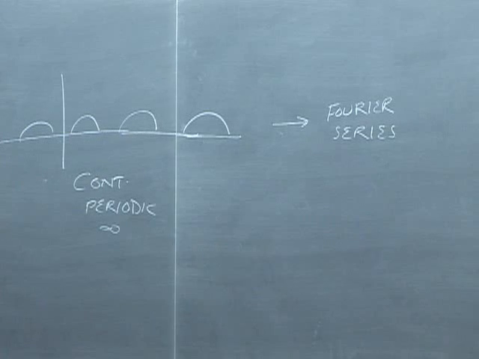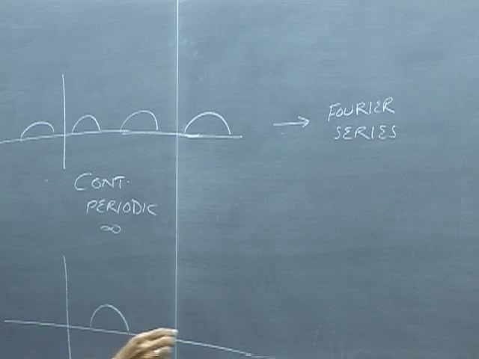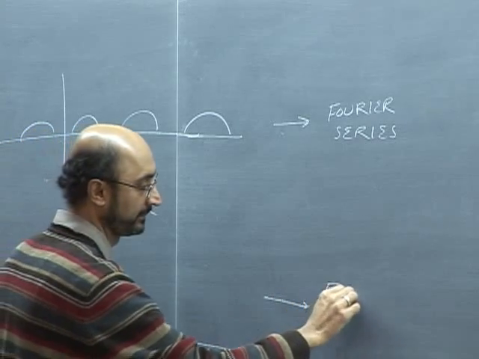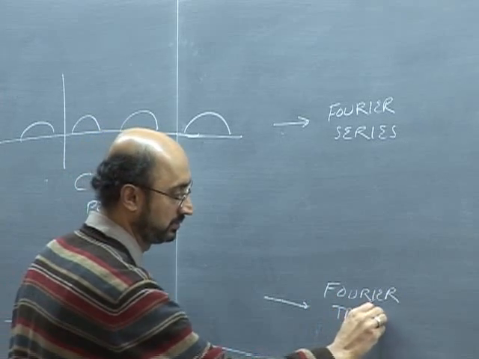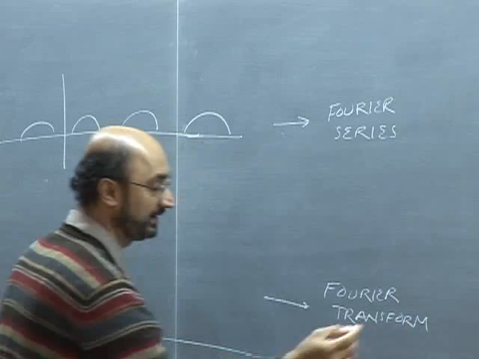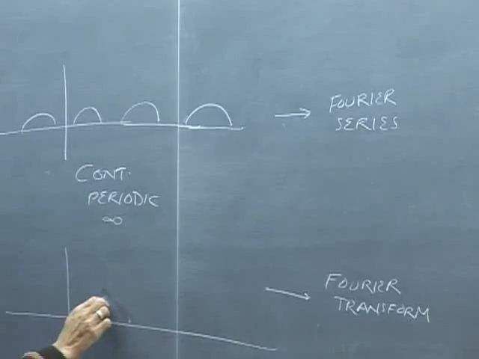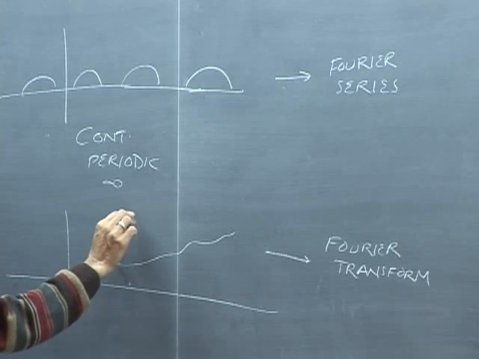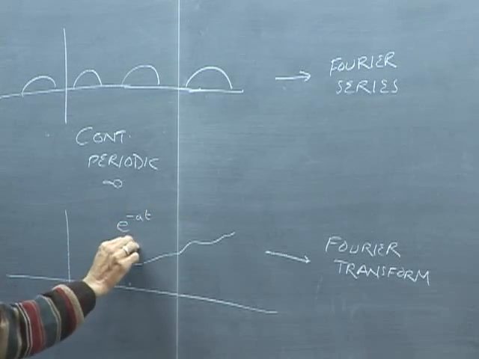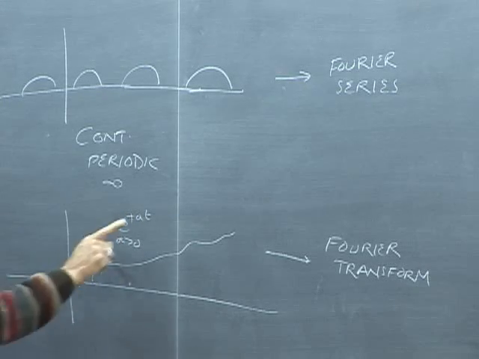Then we go to the notion that it's aperiodic, so you need one more thing, and that's the Fourier transform, except when it's not absolutely integrable. So we have some function that is neither periodic nor absolutely integrable. If it looks like e to the at, where a is greater than 0, the Fourier transform won't work.